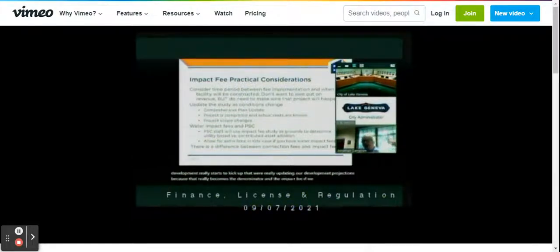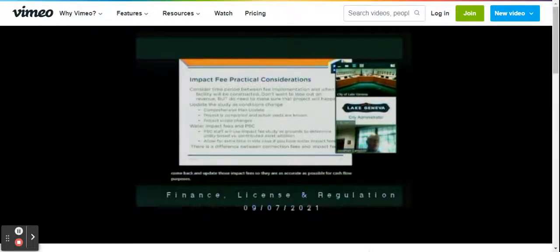Back to our park example, we're doing a $5 million park, but $1 million of it is new growth related, and that's what we're going to collect through impact fees. That $1 million is divided by our future growth projections. So if growth is picking up or slowing down, it's important to come back and update those impact fees so they're as accurate as possible for cash flow purposes.